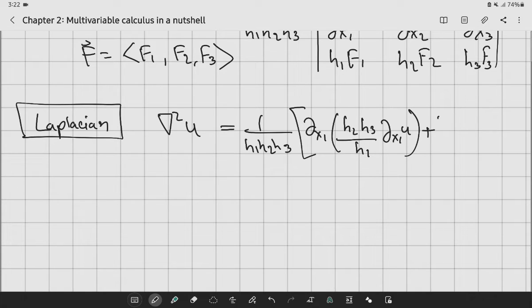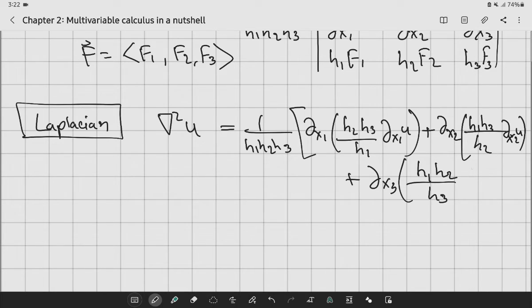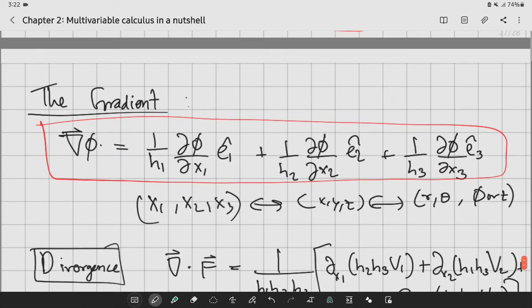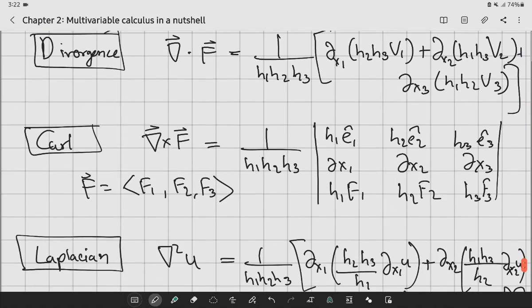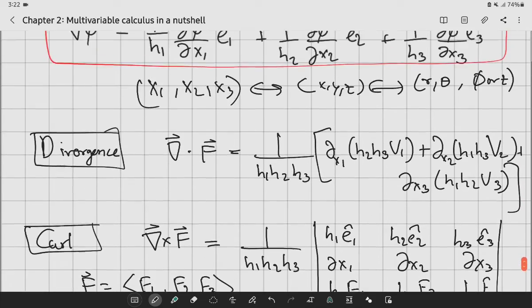Similarly, you have partial x2, I have h2 in the denominator, I have h1 and h3 in the numerator, and then partial x2 of u. And the third one, quickly, is h1, h2 over h3, partial x3 of u. And that's it. These are the operators of del in an orthogonal coordinate system.